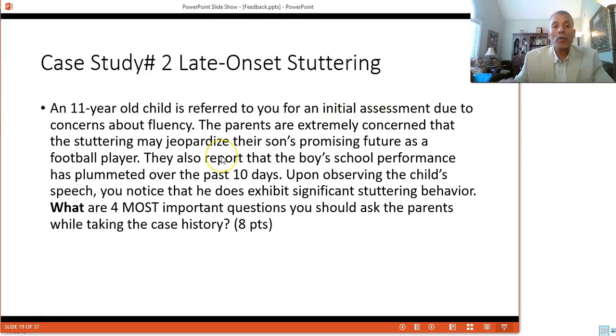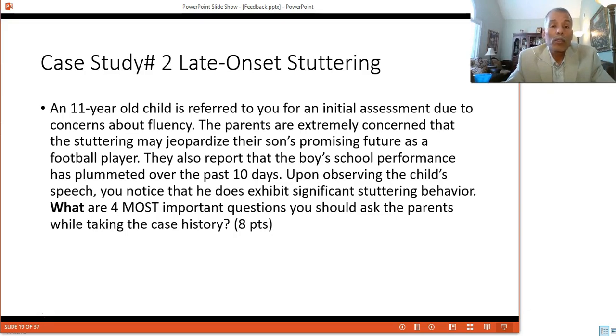The first cue. So the parents are extremely concerned that the stuttering may jeopardize their son's promising future as a football player. So, I mean, 2 cues in that sentence. Why are they concerned now? You know, that's a sudden concern. I mean, the child is 11 years old.